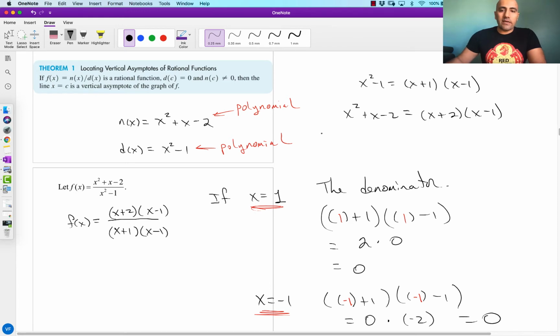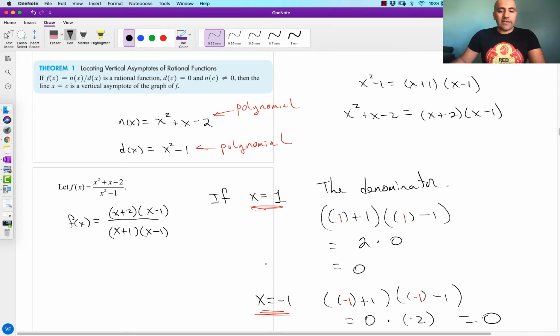Okay, so I can tell that the denominator will be 0 at two different values. One of them is at x equals 1, and the other one is at x equals negative 1. Let's investigate negative 1 first, and then we'll come back and investigate x equals 1 second.